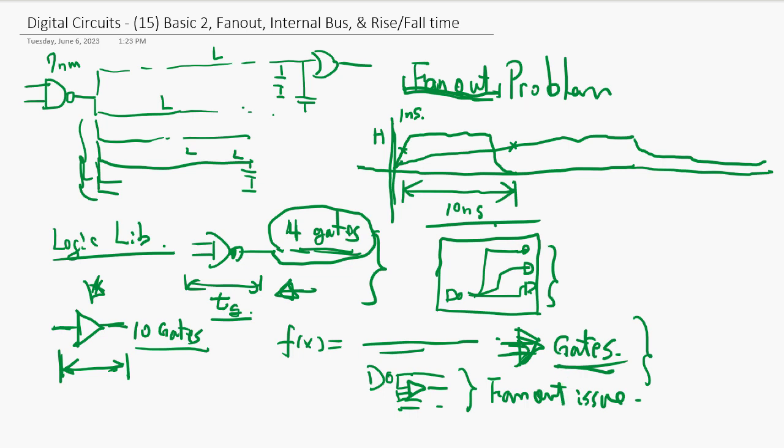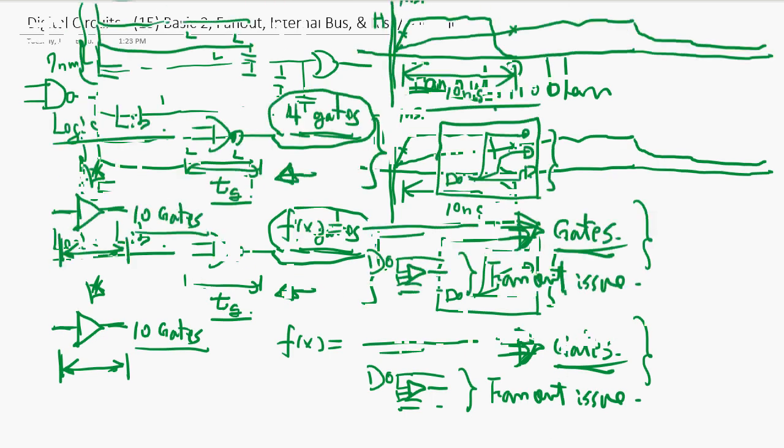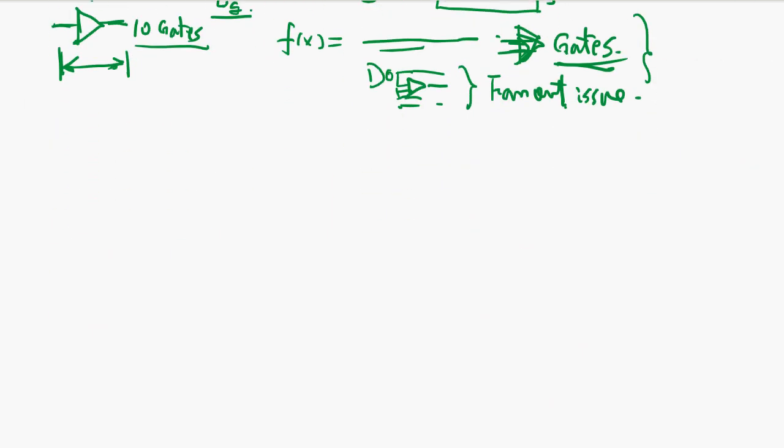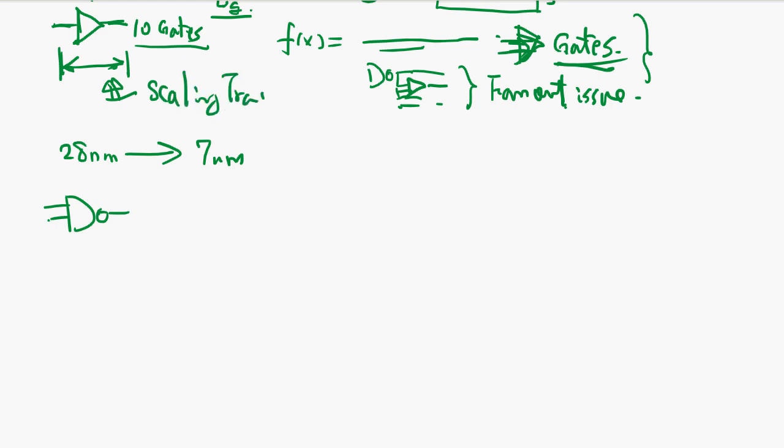The problem is when you have that kind of issue and you move from a 28 nanometer process to a 7 nanometer process, with a logic library. Now, for this buffer, how do you increase the fanout? Scaling the transistor, so it uses more current, but the power drives the output.